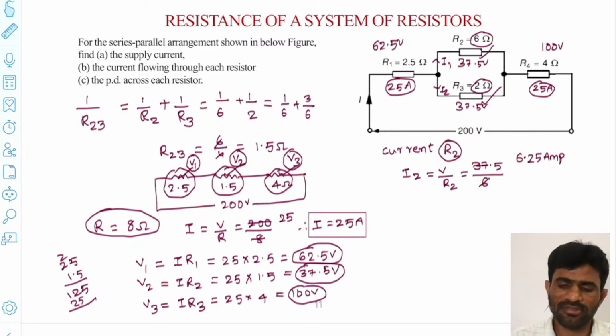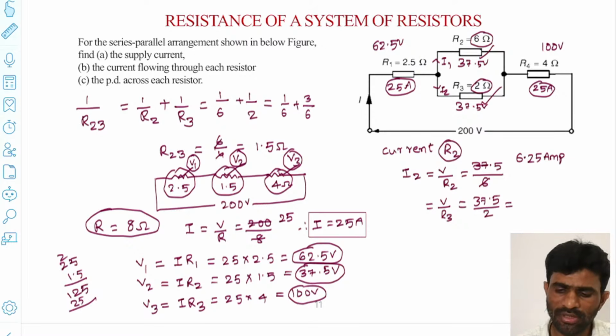6.25 amperes. Similarly, the current across R3, that is 2 ohms, is V by R3, that is 37.5 by 2.